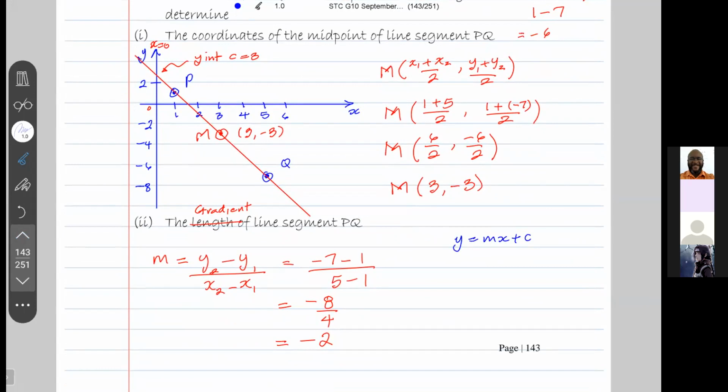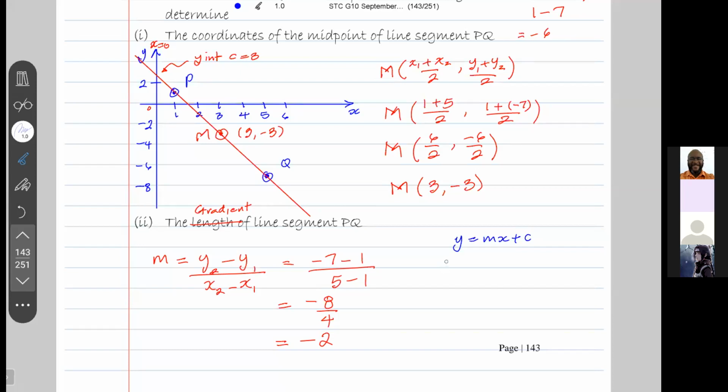What makes one straight line specific or different from any other line is if you know the gradient and the y-intercept.